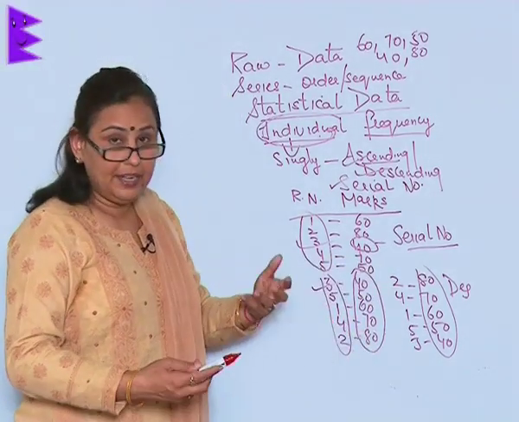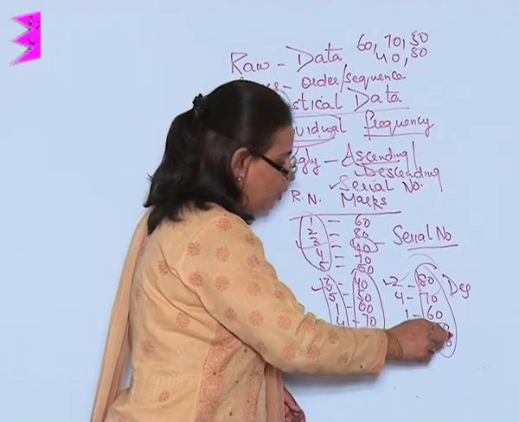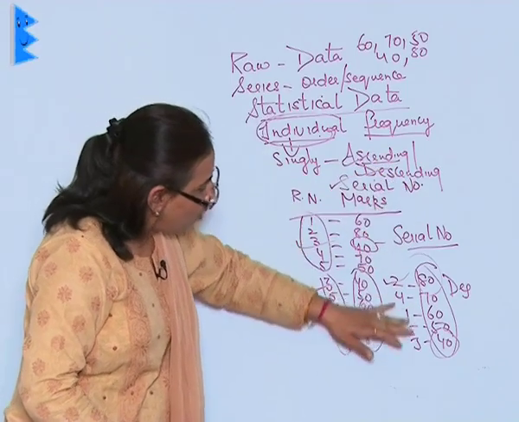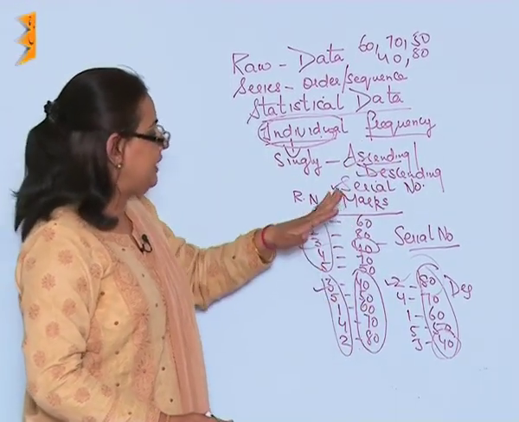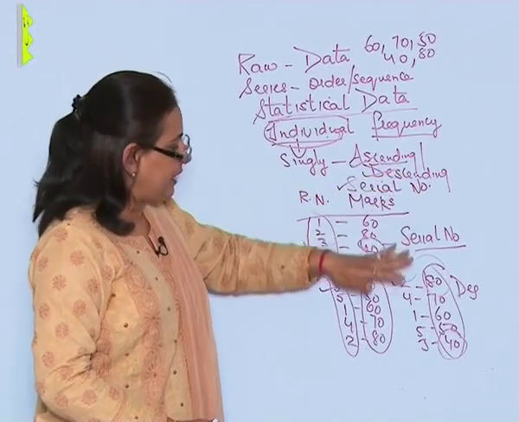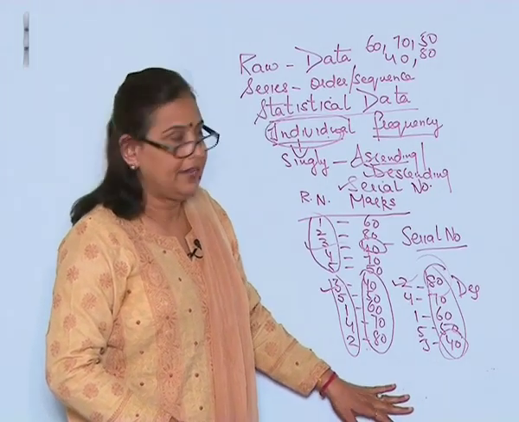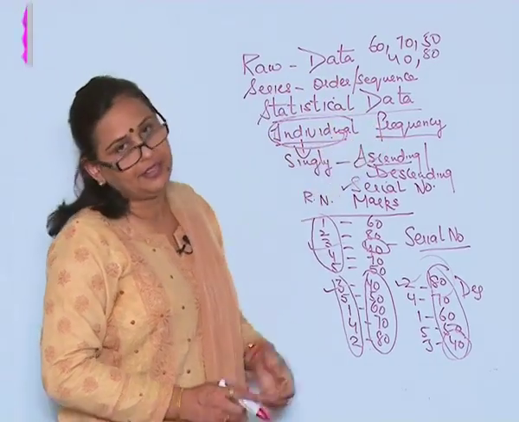In descending order, again it is very clear which is the highest marks, roll number 2, 80, and the least, roll number 3, 40. So, the presentation of data in the individual series as serial number, ascending or descending is making it very easy for us to understand. And this is the conversion of raw data into statistical data.